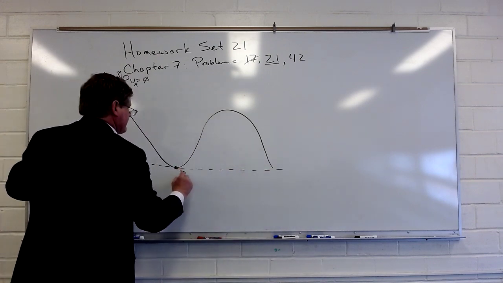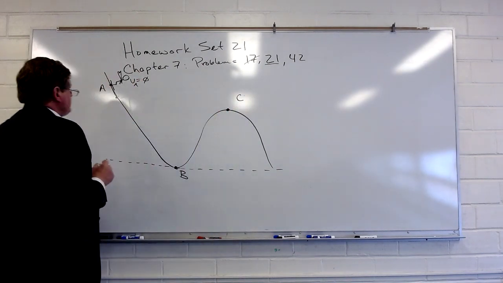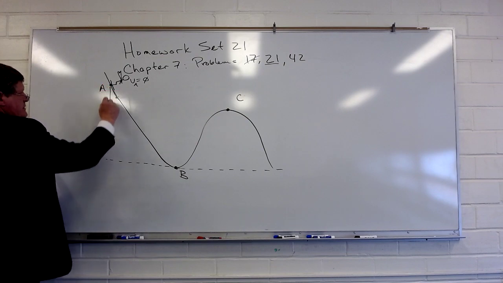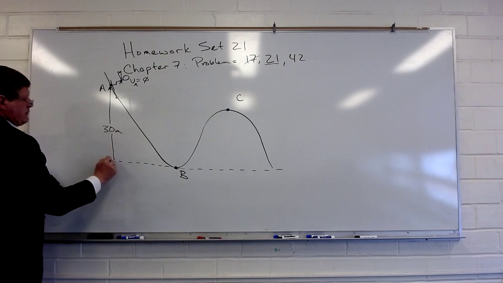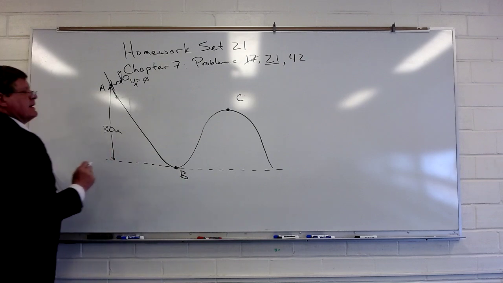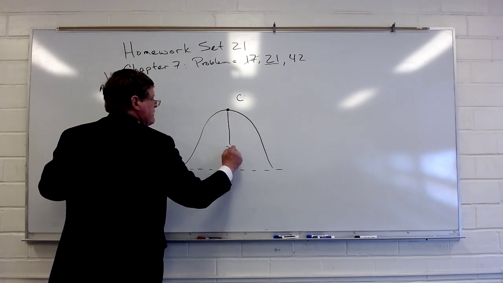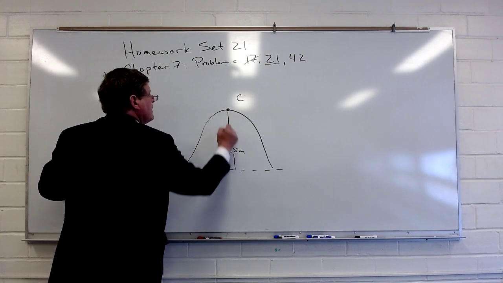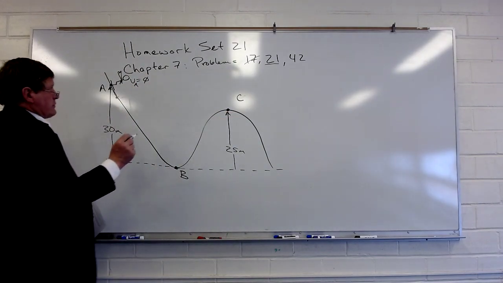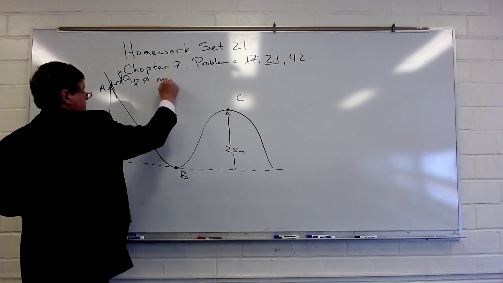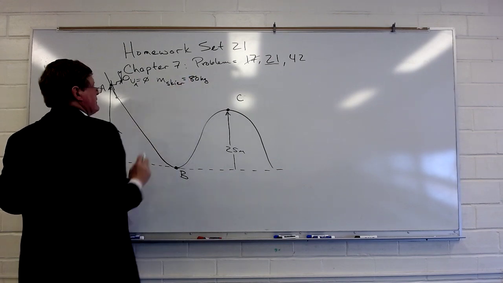We'll call that B, and we'll call this point C. And we're told that she starts 30 meters above what we're calling the floor, and when she gets to point C, she's 25 meters above the floor. We're also told that the mass of the skier is 80 kilograms.